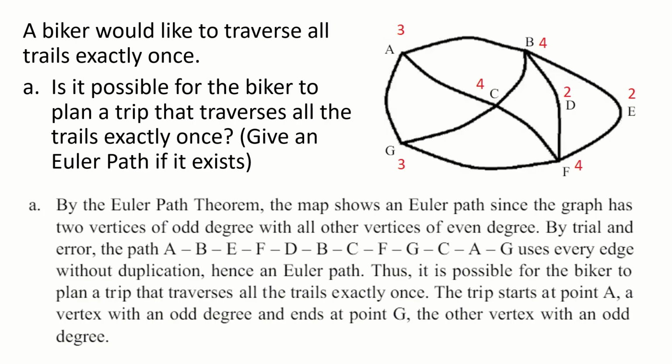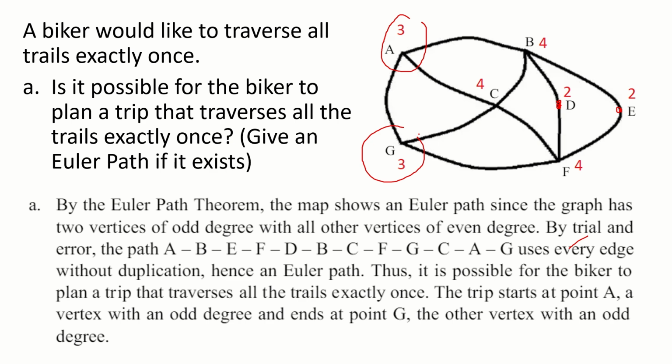Okay, so let's look at the degrees. The degree of A is 3, the degree of B is 4, the degree of C is 4, the degree of D is 2. So we have D here, so we have two edges. The degree of E is also 2. The degree of F is 4. The degree of G is 3. So if you notice, we only have two vertices with odd degree.